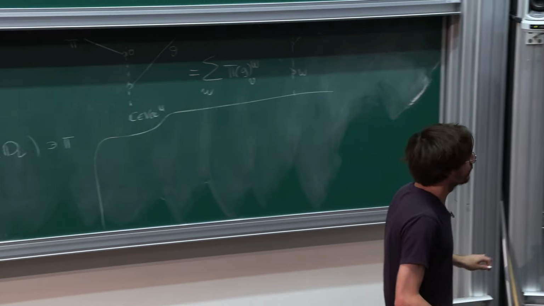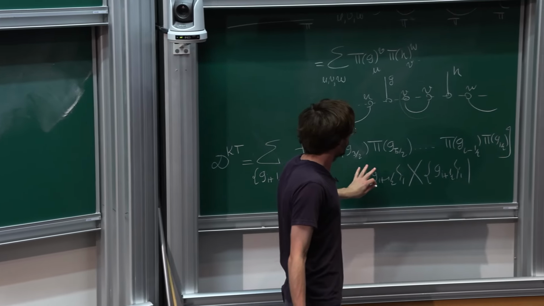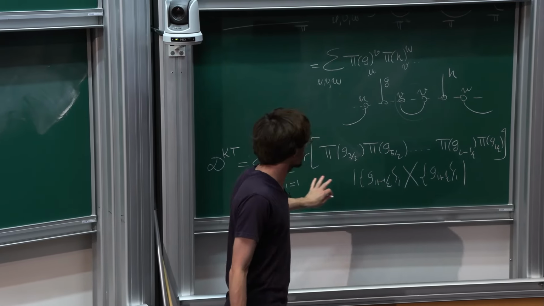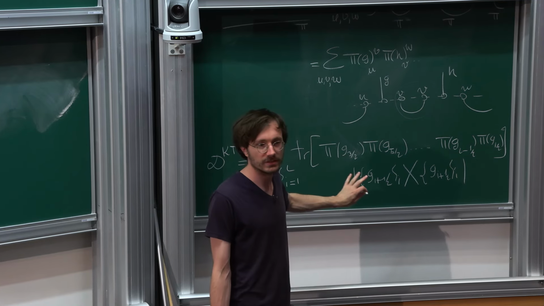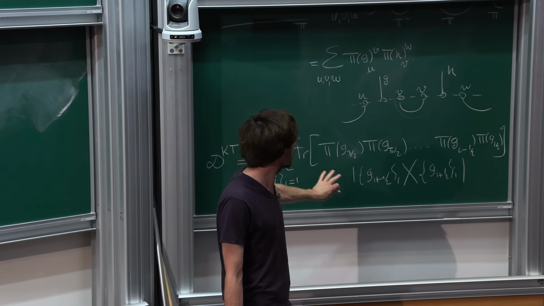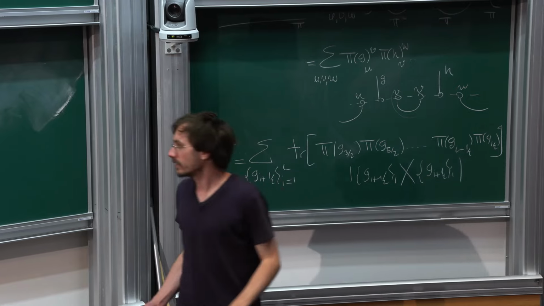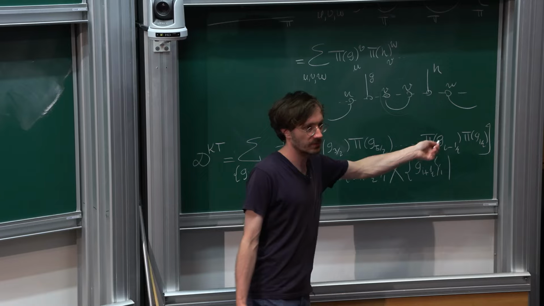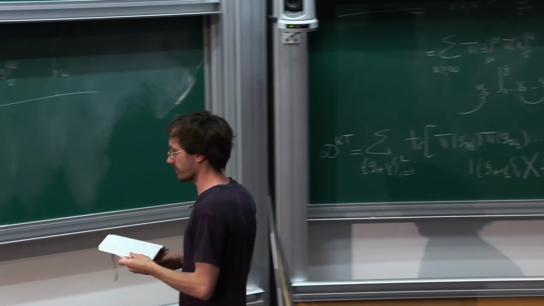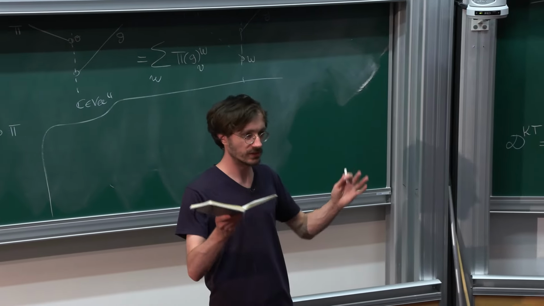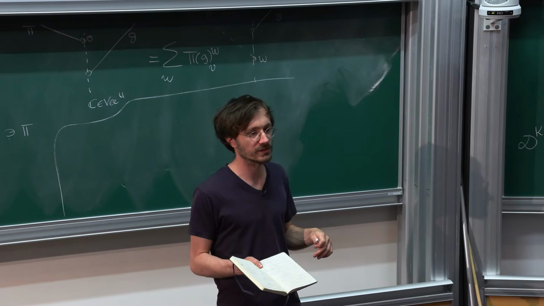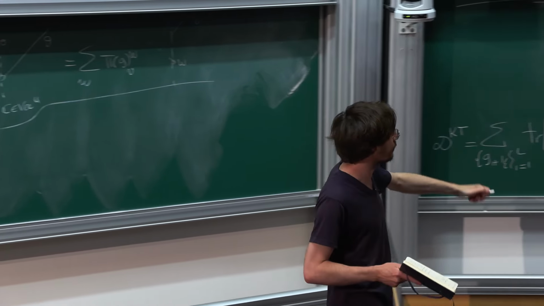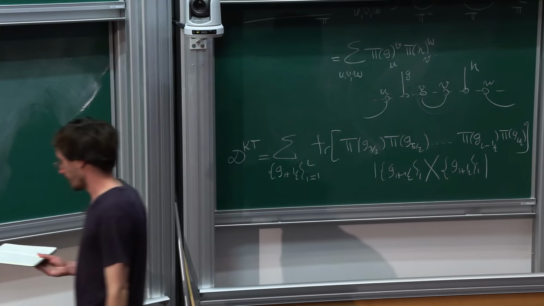From this expression, you immediately see that this is a non-invertible operator. The reason why is because you can simplify this expression by taking all the products of this projective representation. Then you end up with one trace of one matrix, which is evaluated on the product of all your group elements.